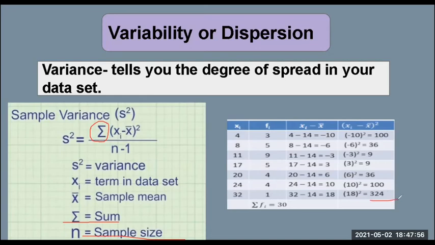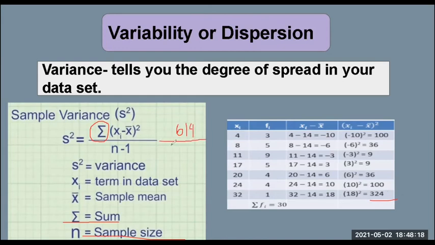So let's get the total. 100 plus 36 plus 9 plus 9 plus 36 plus 100 plus 324, and we will have a total of 614.